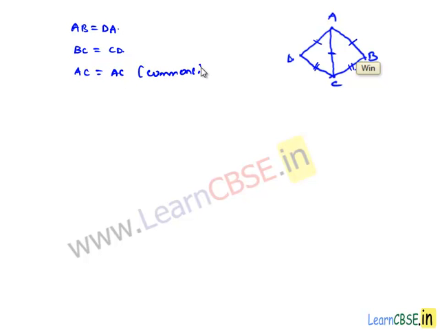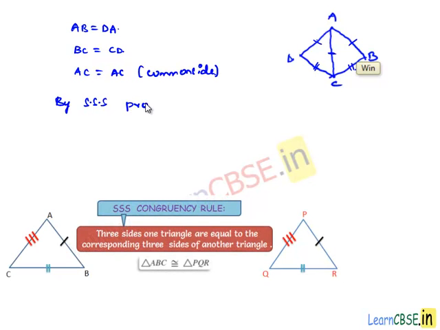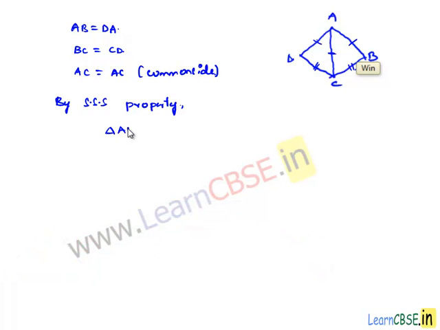So here by the SSS property, as three sides correspondingly in the two triangles are equal, we can say triangle ADC is congruent to triangle ABC.